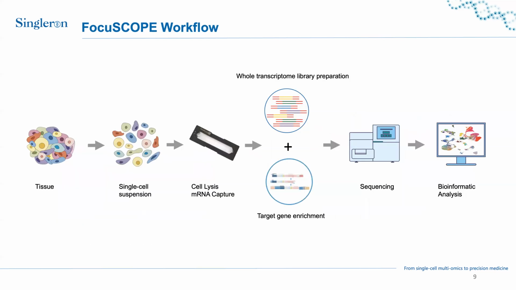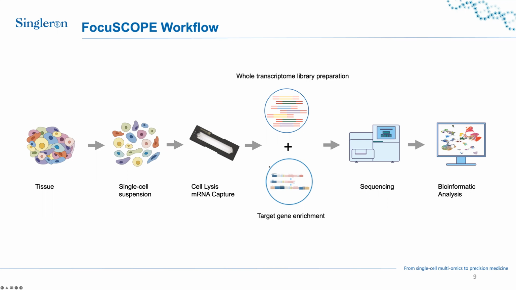So this is how a workflow would look. Again, you start either with a single cell suspension or with a tissue that you dissociate into a single cell suspension. You load them onto the chip and perform the cell lysis and mRNA capture.